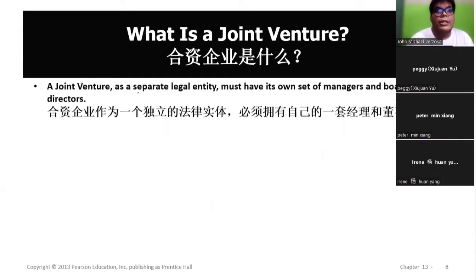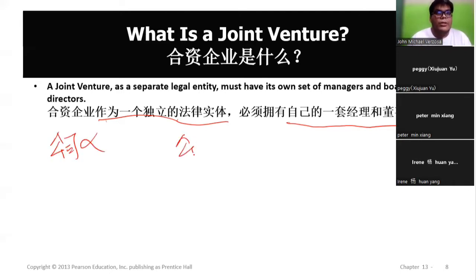A joint venture as a separate legal entity, okay, must have its own set of managers and board of directors. So for example, company Alpha and company Beta merge, they did a joint venture and become one company, Alpha and Beta.